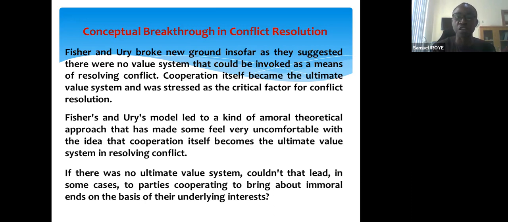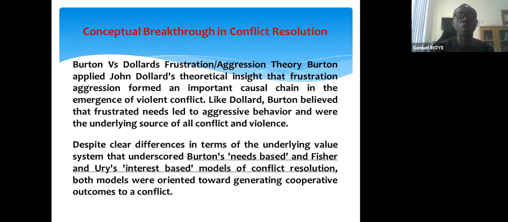According to Fisher and Ury, the ultimate way of dealing with conflict is cooperation. So he's speaking of one of the values of Deutsch, which is cooperation. So now we have more emphasis on the principle of cooperation as against the principle of competition.